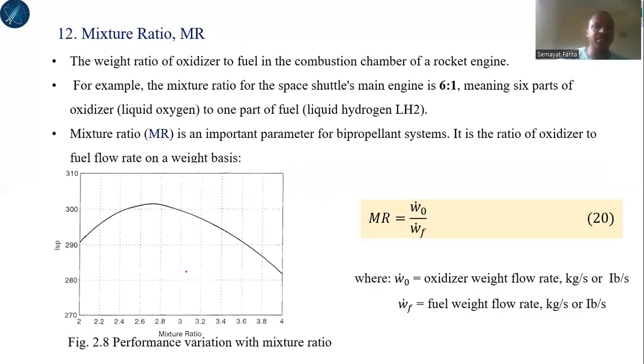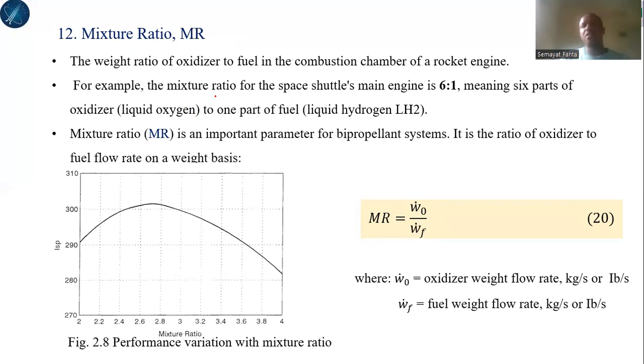Now another parameter is the mixture ratio. Mixture ratio is the ratio of oxidizer weight flow rate to fuel weight flow rate. This is very important in the design of the consumption of fuel and oxidizer, or in the mixing of liquid oxygen with liquid hydrogen. So how can we get an optimum ratio?